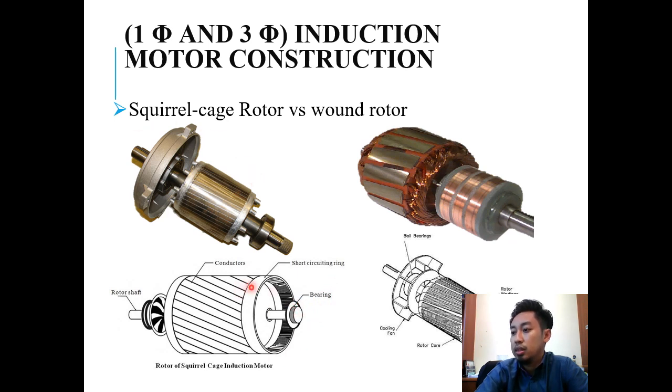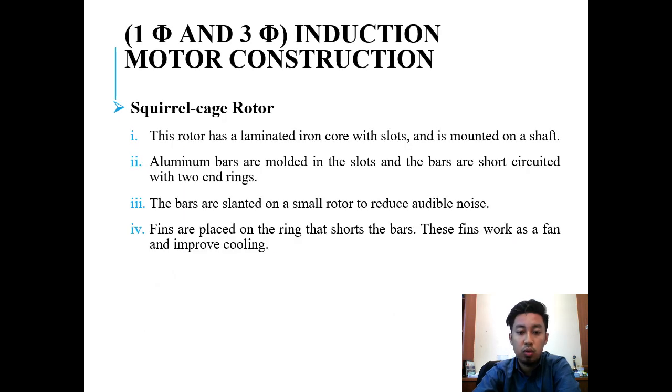This is the image of the squirrel cage part. In this part there is a ball bearing, cooling fan, rotor slip ring, and rotor winding. I hope all of you can watch the video I gave you, which completely introduces the squirrel cage rotor.